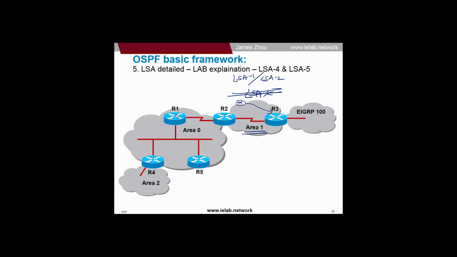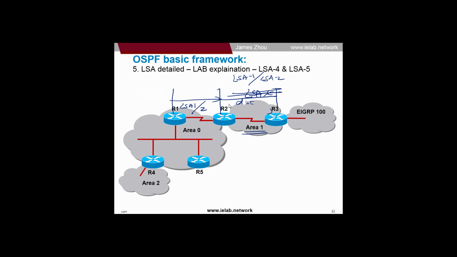So we just need LSA1 and 2 to calculate to the ABR, and use LSA4. LSA4 is actually the ABR to the ASBR distance.